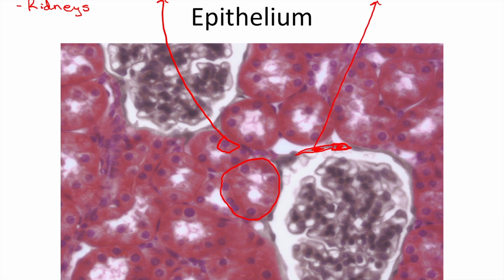Now you tend to find simple cuboidal and simple squamous epithelium in areas where you want to maximize diffusion. And you're maximizing diffusion by decreasing the diffusion distance.